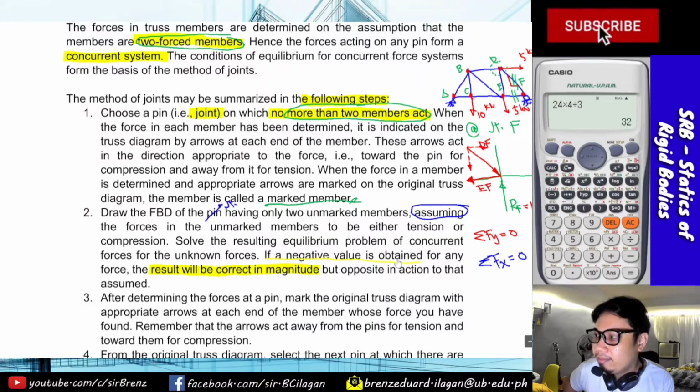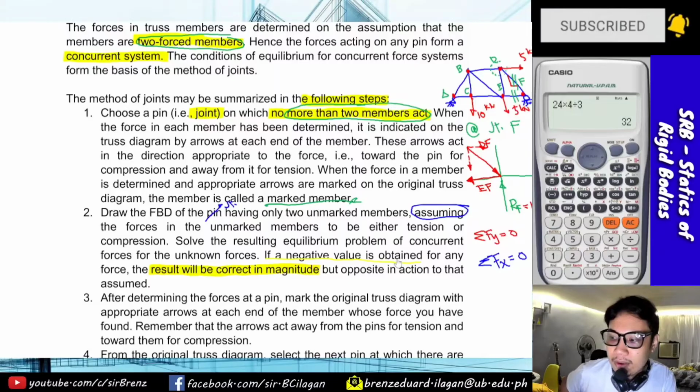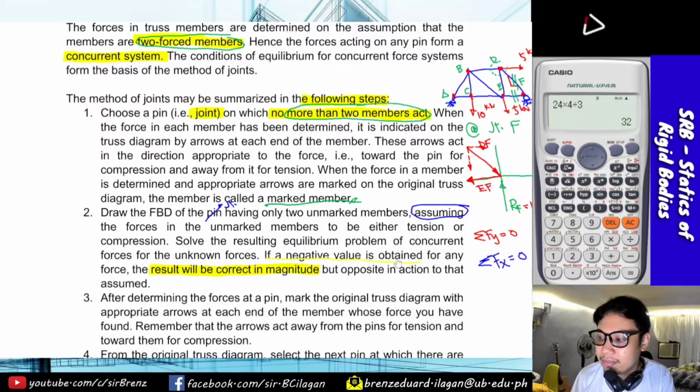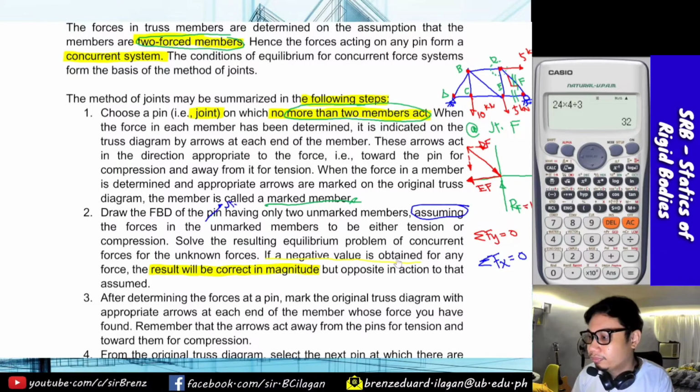So para doon, meron kang dalawang option again. Ito naman, lagi ko na sinasabi sa inyo before, it's either panghawakan mong negative siya, wag mong babaguhin yung direction, negative pa rin yung value niya. Or mas maganda, gawin mo siyang positive, tapos baliktarin mo yung direction. So kung na-assume mo siyang tension at yun ay nag-negative, gawin mo siyang positive, tapos gawin mo compression. Okay? Para at least tama na and hindi na magkalito-lito.